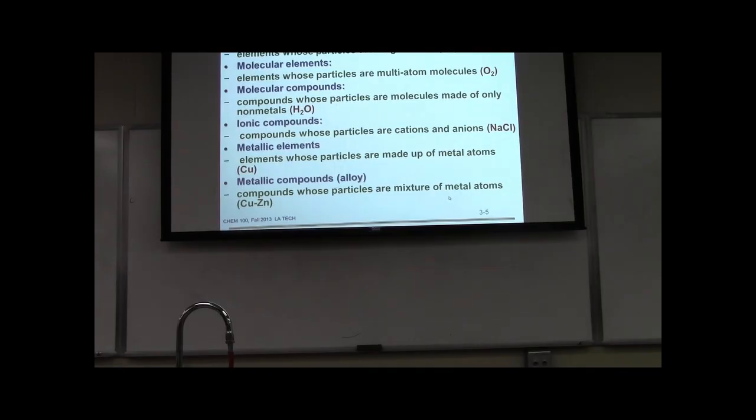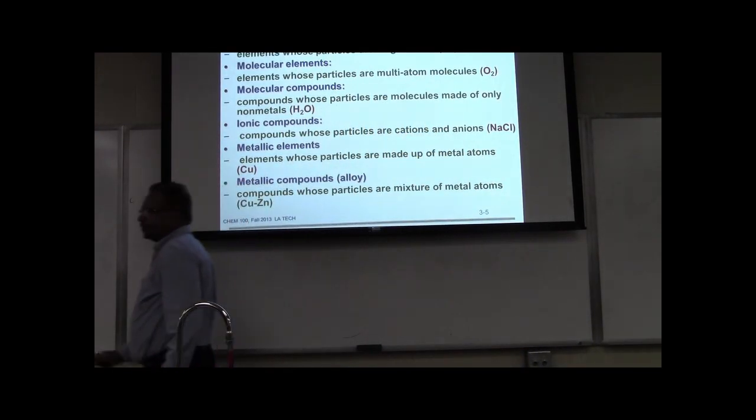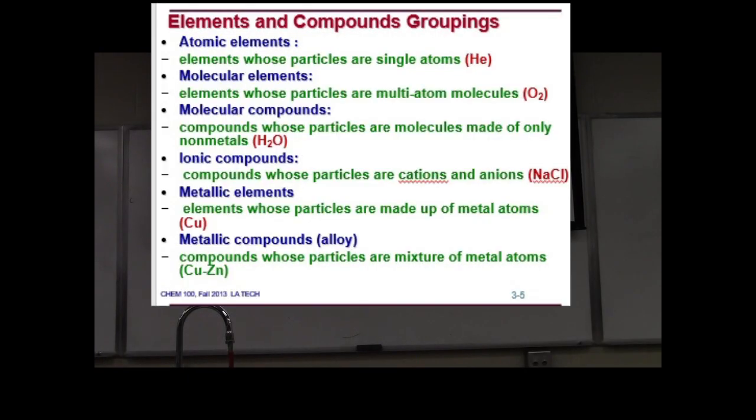Now let's look at this. Atomic elements. An atomic element is one atom. Elements mean only one type of atom; there are atoms of only one kind of element.